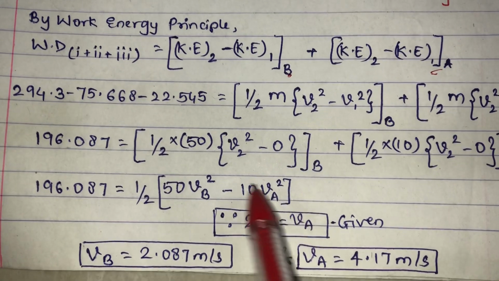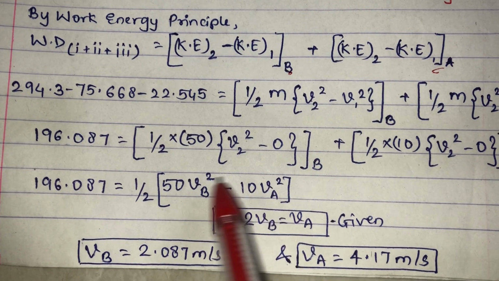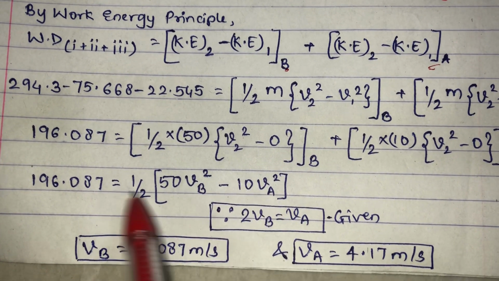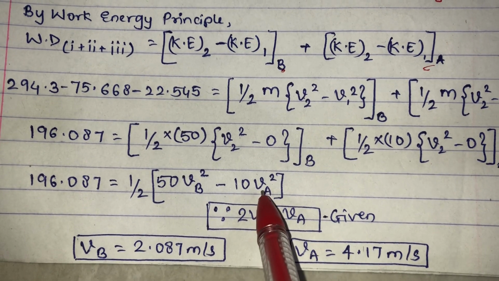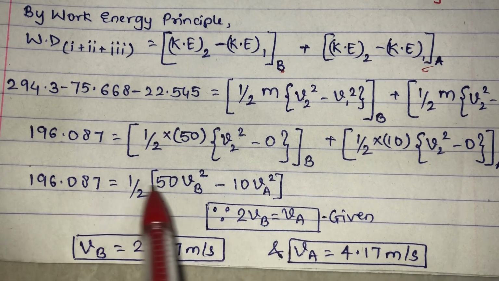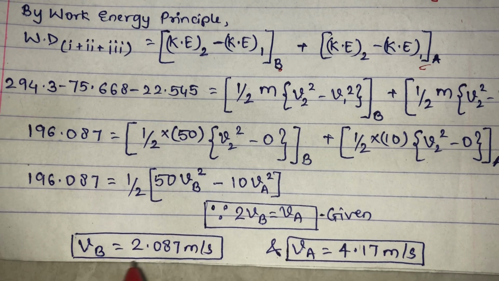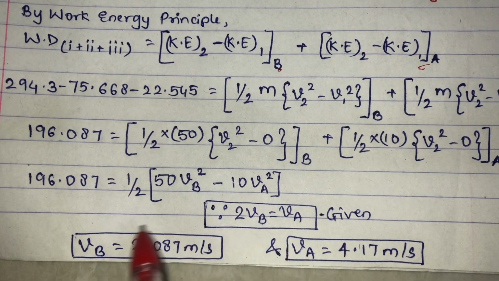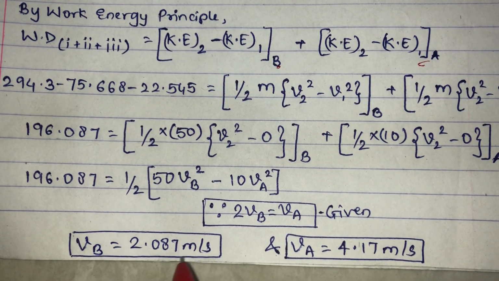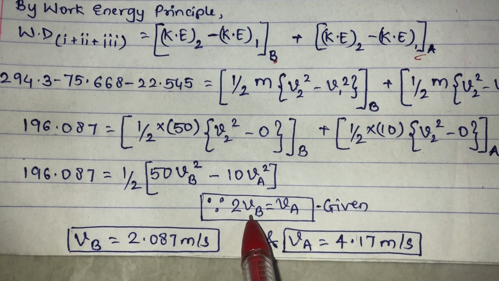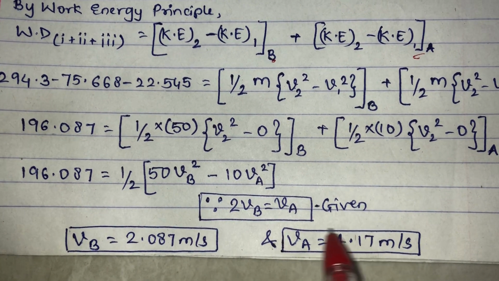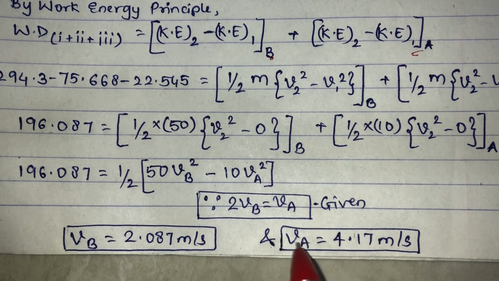If I substitute that relation in this equation, then by solving it, at the place of VA, we'll be putting 2VB. So everything will be in terms of VB, and then we can find out VB, and that value will be 2.087. Once you got the VB value, you substitute it here, you'll be getting VA, that is 4.17 meter per second.